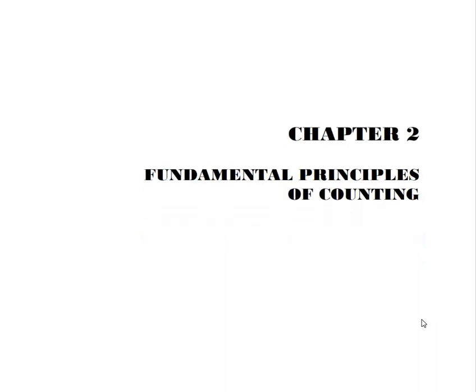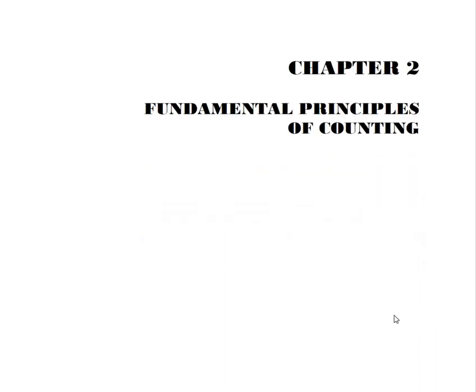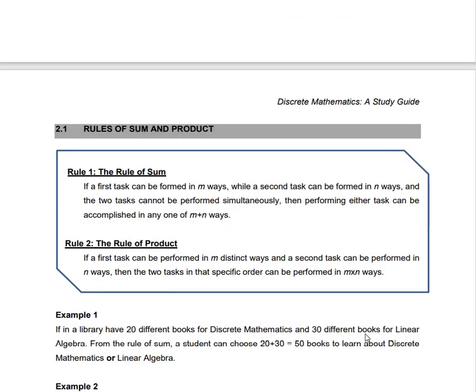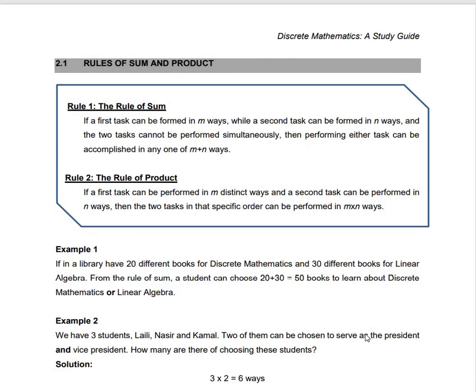So for the Fundamental Principle of Counting, we will discuss three main topics, which are permutation, combination, and binomial theorem. Before we start, first of all, we look at the rules of sum and products.